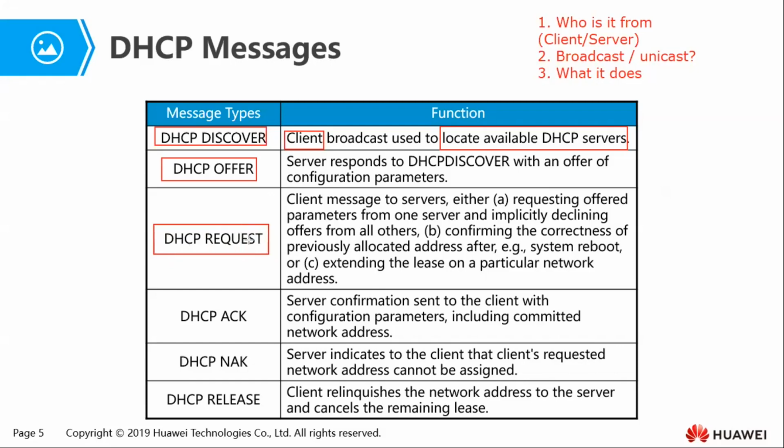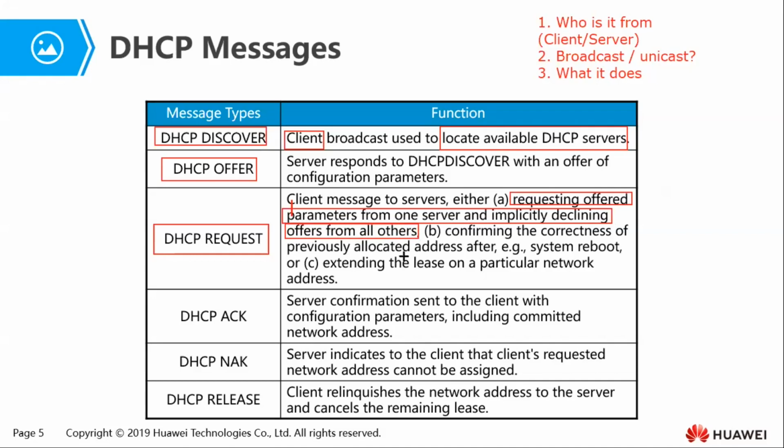The DHCP request can be sent out on several occasions. One of them is when you are replying to the offer, and therefore you are requesting to use the offered parameters from one server and declining all the other servers.